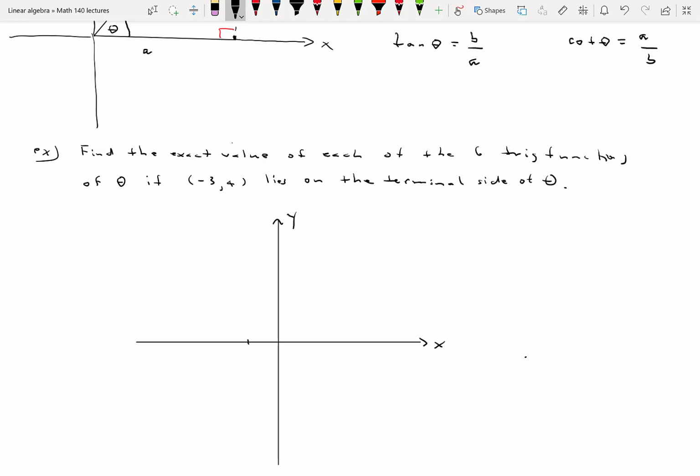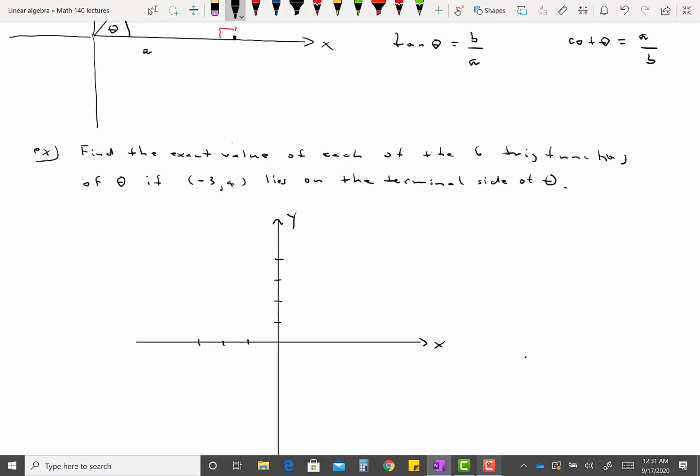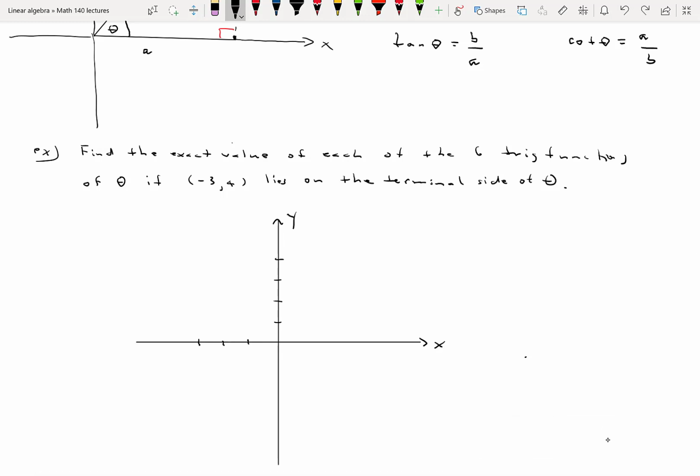So -1, -2, -3, 1, 2, 3, 4. So where's the point -3, 4? Let's draw that point. -3, then we go up 4. So there's the point -3, 4.